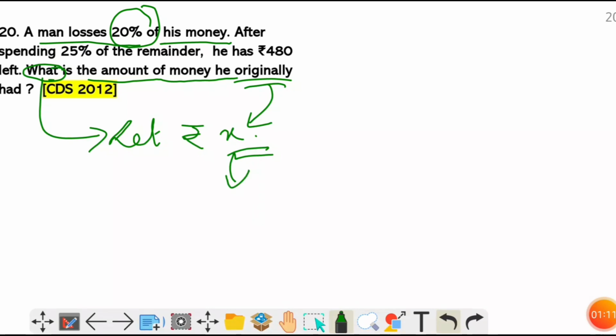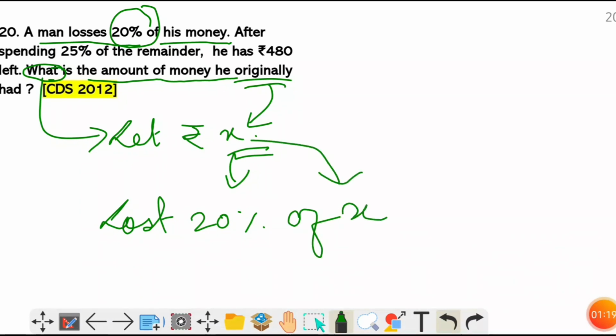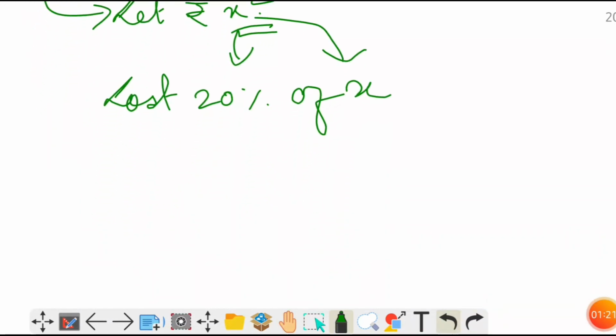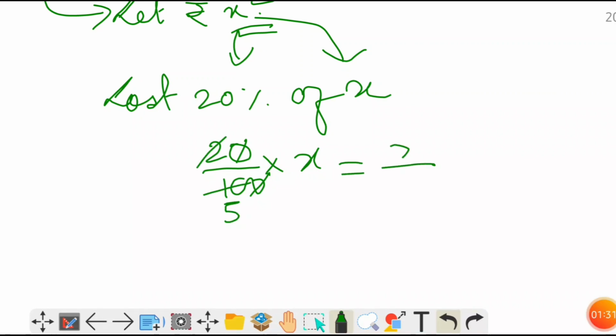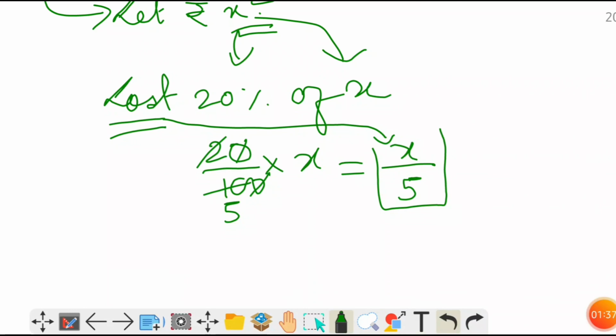So we'll find out what is 20% of X. So he lost 20% of original money, that is X. 20% means 20 divided by 100. Of means multiply into X. So by cancelling out we'll get X into 1, that is X upon 5. So he lost X by 5 rupees out of X rupees.